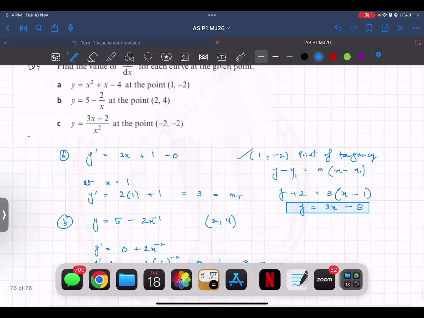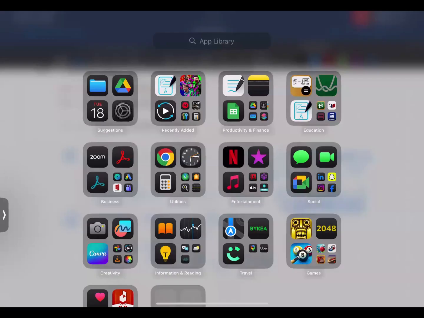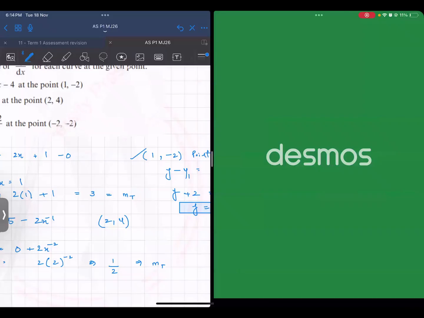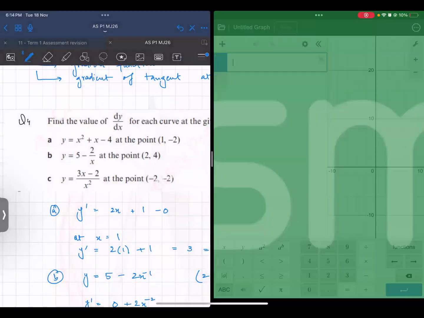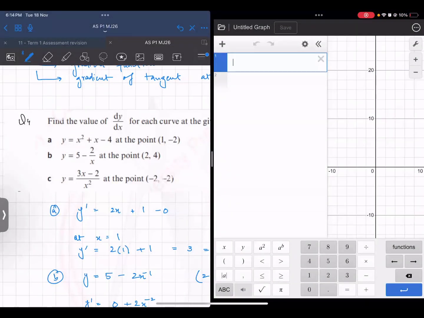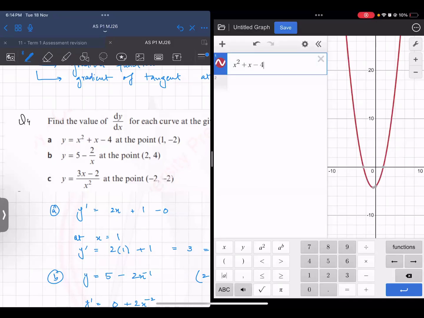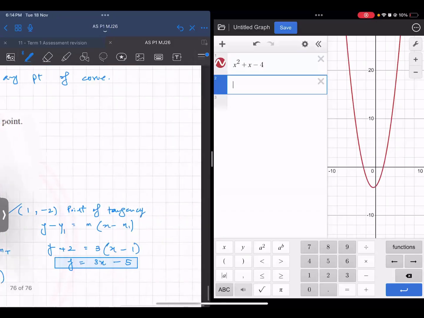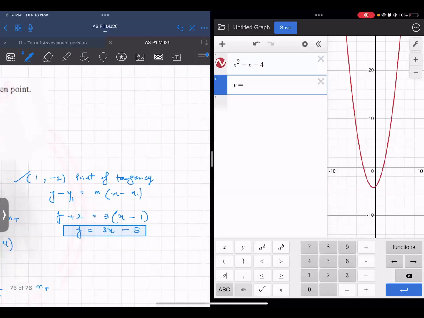So let me show it to you as well. The original function was x square plus x minus 4. This is your function, and the tangent equation we have found is y is equals to 3x minus 5.